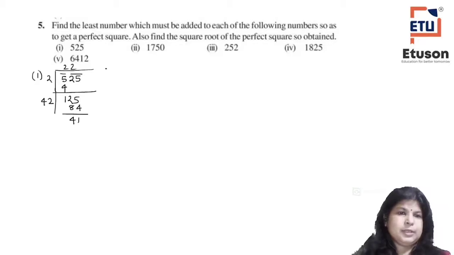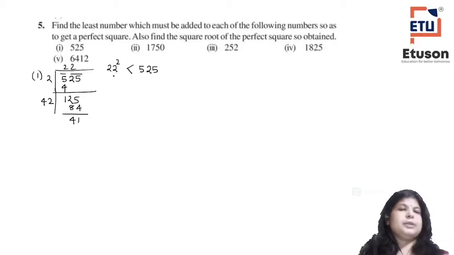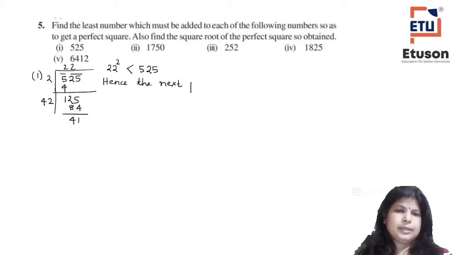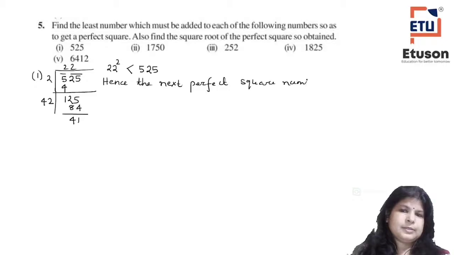So from this it is very clear that 22 square is less than 525.